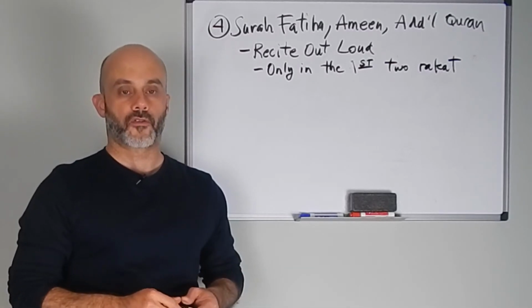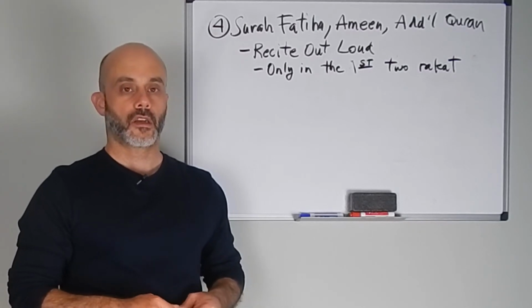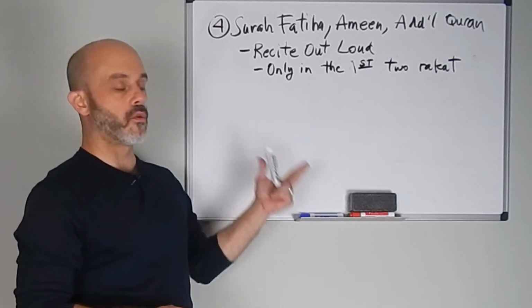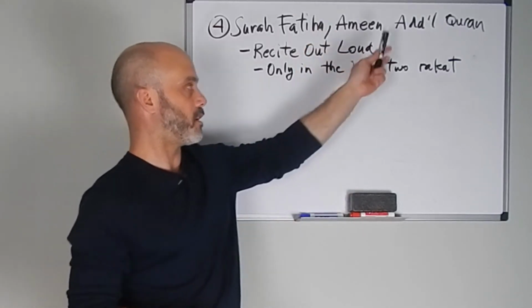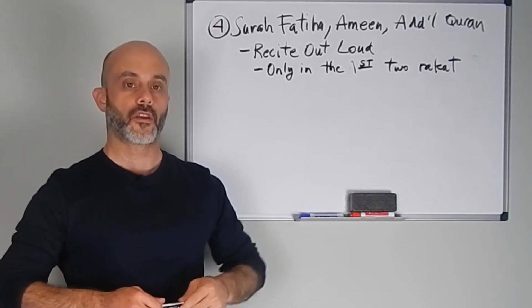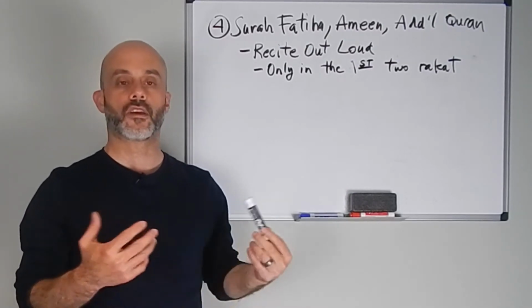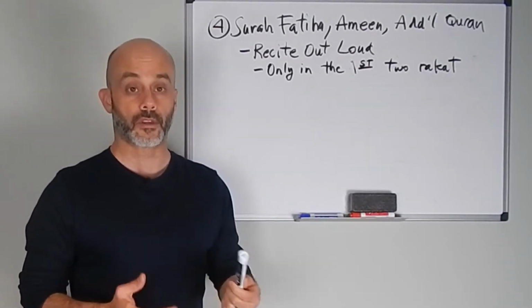If you're in the first 2 rakat for one of the 5 obligatory prayers, then that is the only time it's possible to recite Surah Fatiha, Ameen, and additional Quran out loud. If you're in the 3rd or the 4th, then you're not going to be reciting Surah Fatiha, Ameen, or additional Quran out loud.